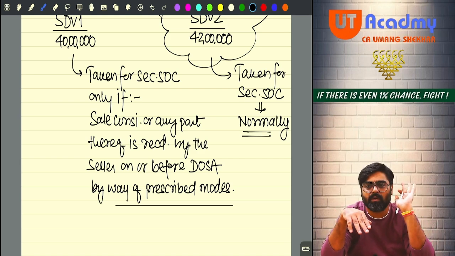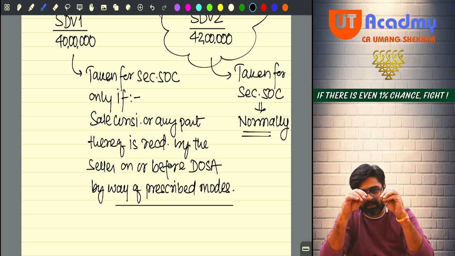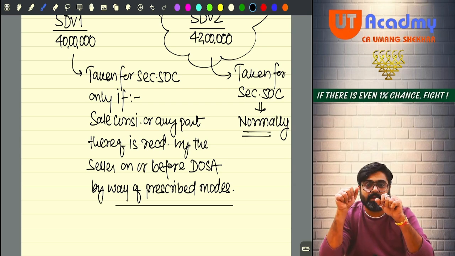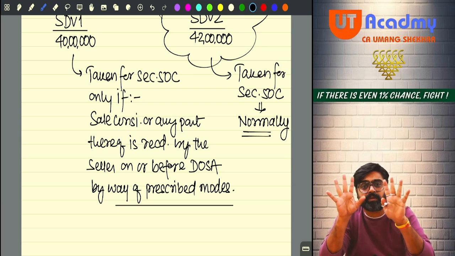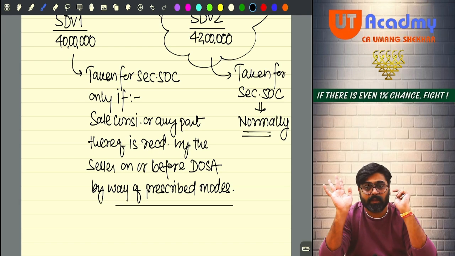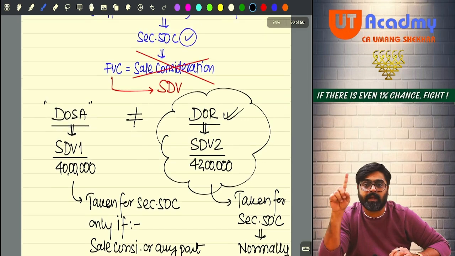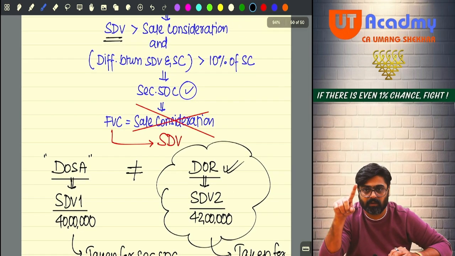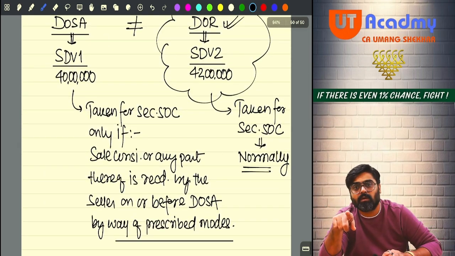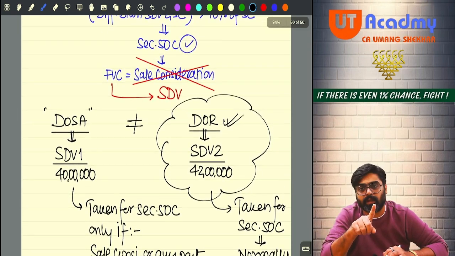So either the entire sale consideration or any part of it is received as on the date of sale agreement or prior to that, by way of prescribed modes, then the stamp duty value as on the date of sale agreement will be taken for the purpose of 50C. But if this condition is not satisfied, then in all the cases we have to take what?